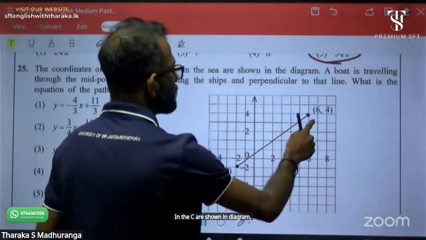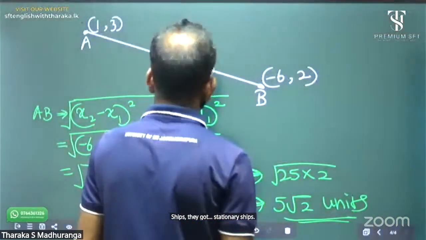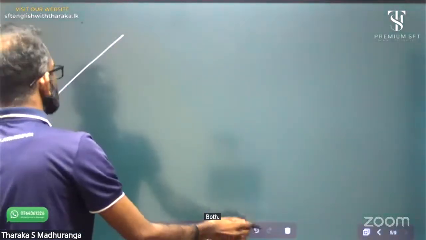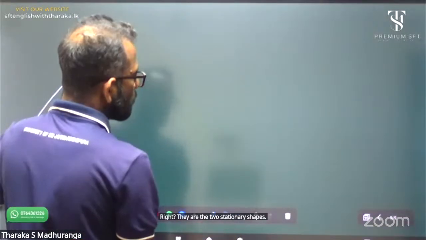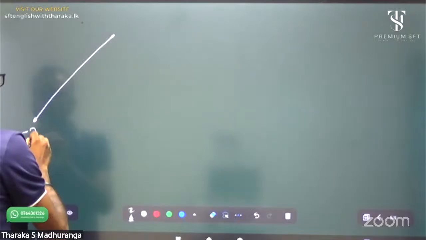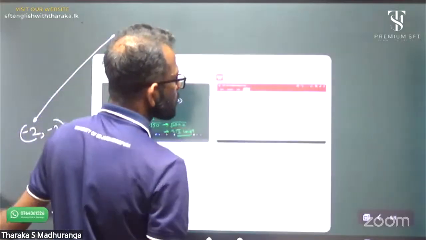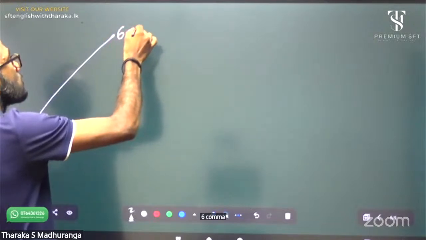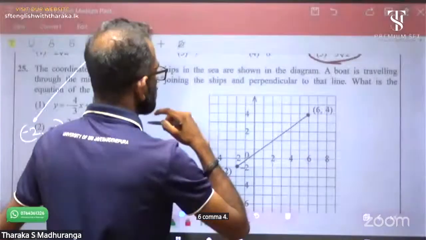These are two ships that have stopped, stationary ships. Let's put these 2 points on the board. Right? They are the 2 stationary ships. What are the coordinates? (-2,-2) and (6,4).